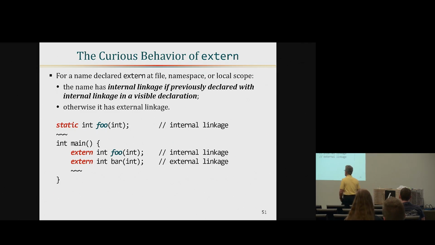The illustration here is, notice I have foo declared to be a function with internal linkage in this translation unit. And then I come down into main and I say extern int foo. And that extern doesn't give it external linkage. It looks and says, oh, you previously had internal linkage. You still have internal linkage.